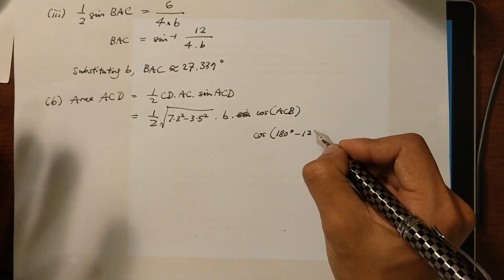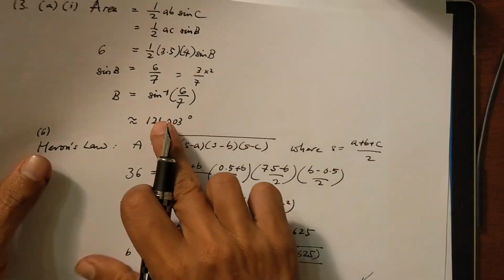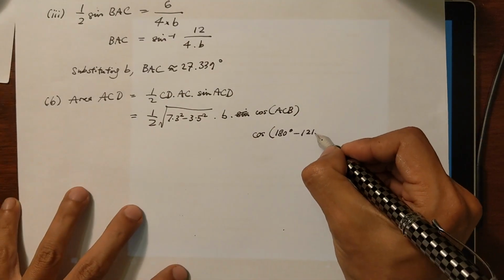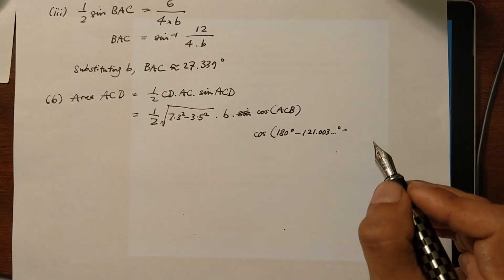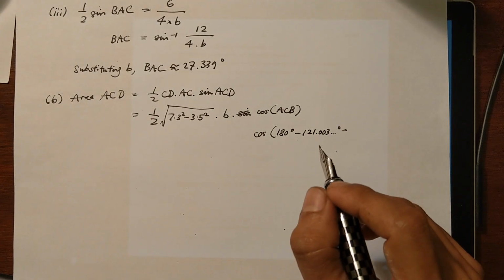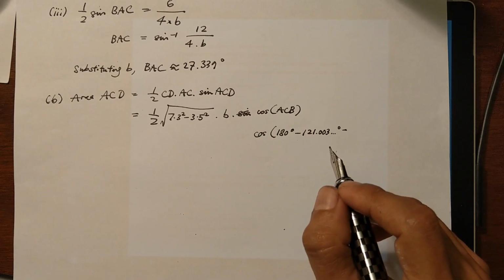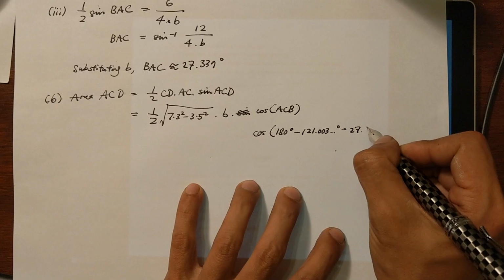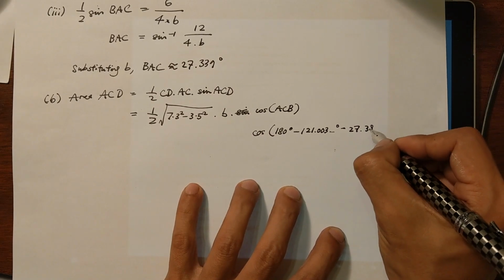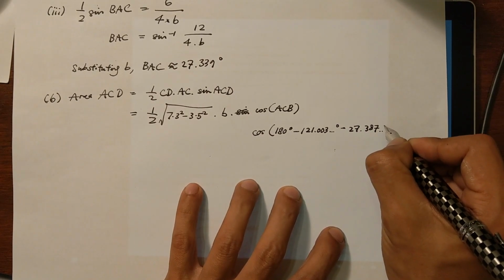Minus, what was that? I think it was 101.003 roughly, minus the other angle, which was approximately 27.338, something like that.